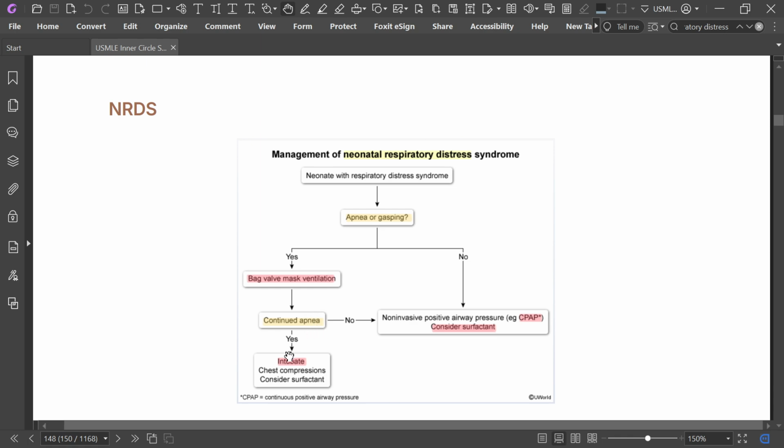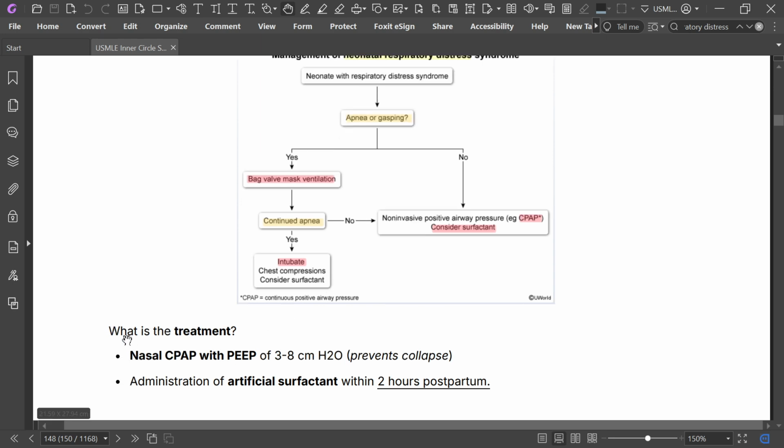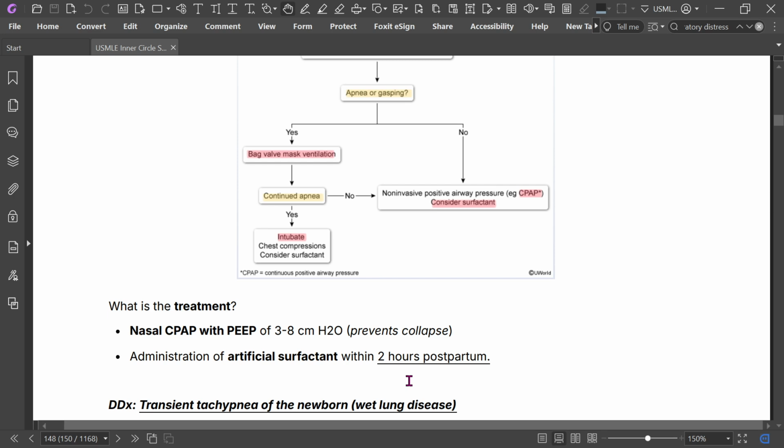Continued apnea, yes, intubate the patient, chest compression, consider surfactant. No, then again CPAP. What is the treatment? Nasal CPAP with PEEP of 3 to 8 centimeters of water, which prevents collapse, and administration of artificial surfactant within 2 hours of postpartum.